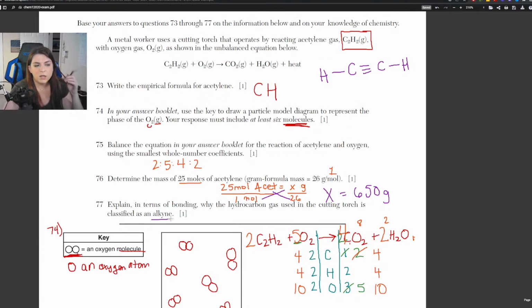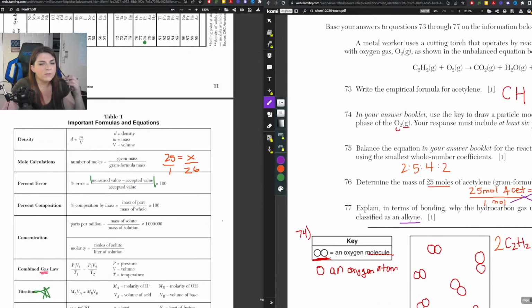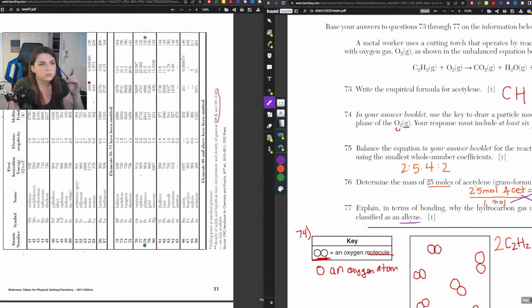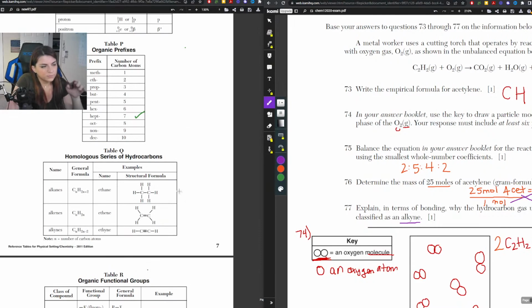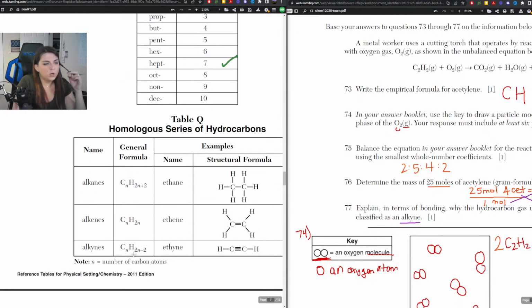It tells you it's an alkyne. And then also you have table R, not R, Q. Table Q has that formula for what makes something an alkyne.